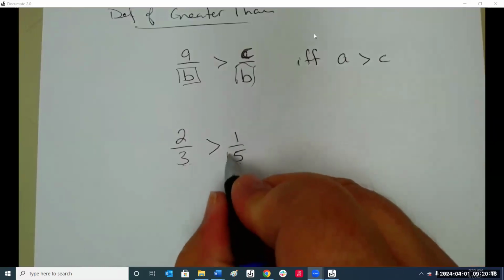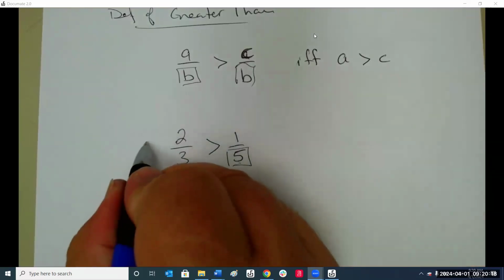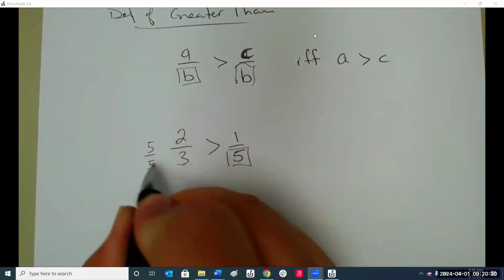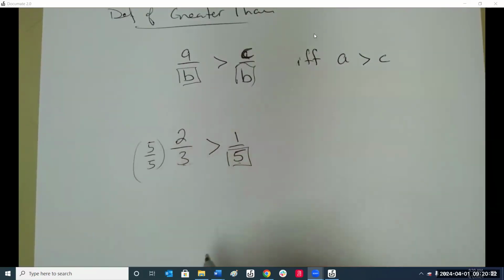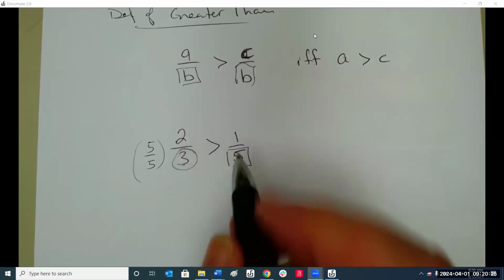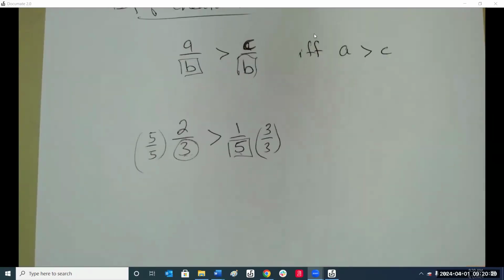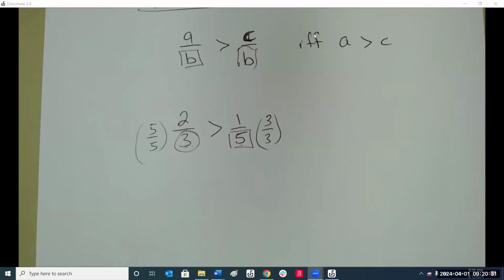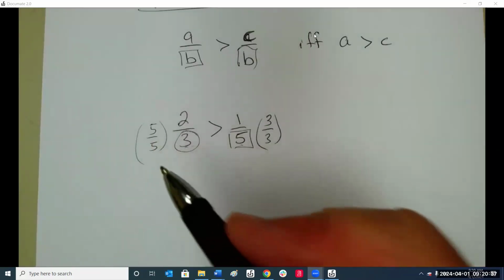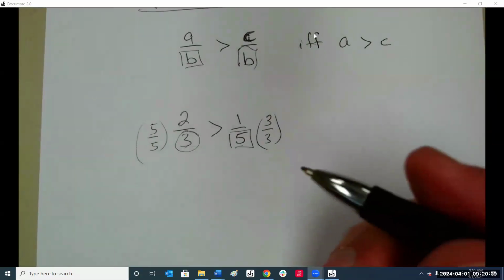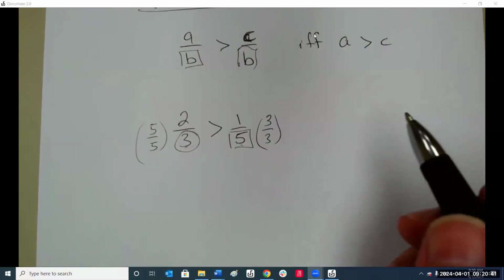Well, I take this number, multiply it top and bottom here. I take this number, multiply it top and bottom here. What is 5 over 5? Yeah, so anything times 1 is itself. So I'm not changing it. I'm just changing the way it looks.